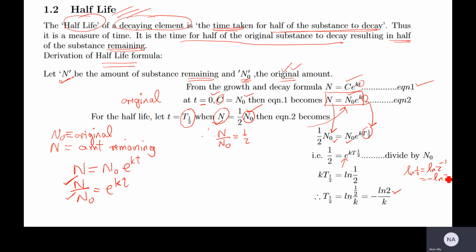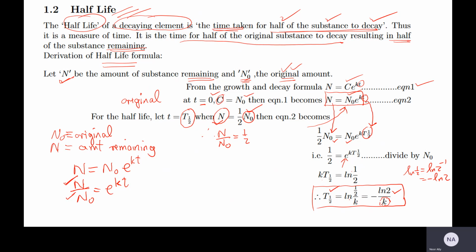That's where I got that. And that is the formula for half-life. In other words, if I know the k value of a growth and decay problem, then I can work out the half-life, which is the time taken for half of the substance to decay.